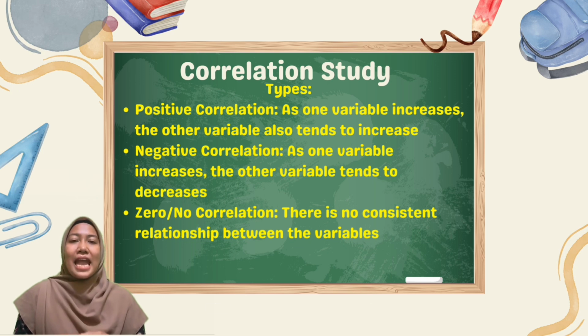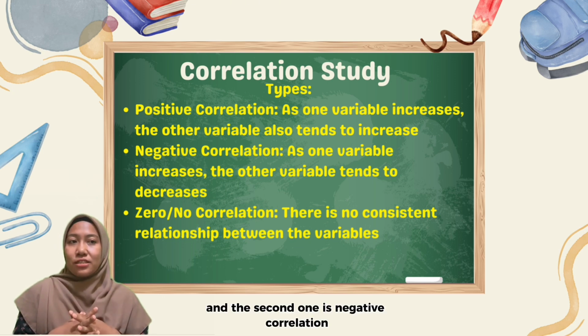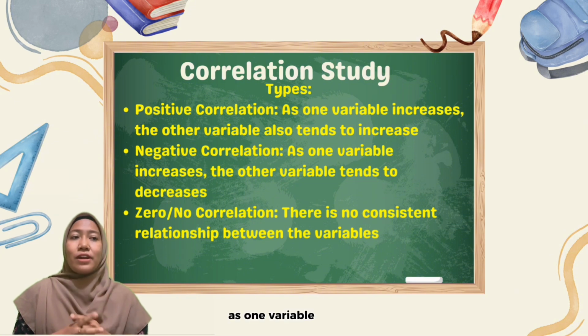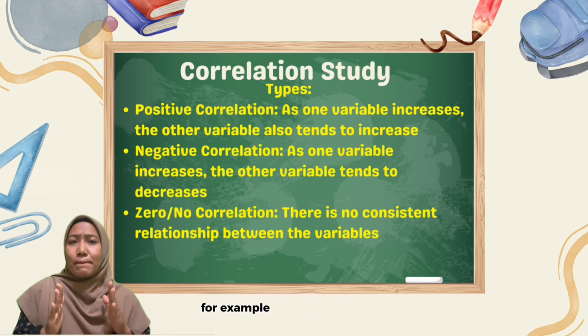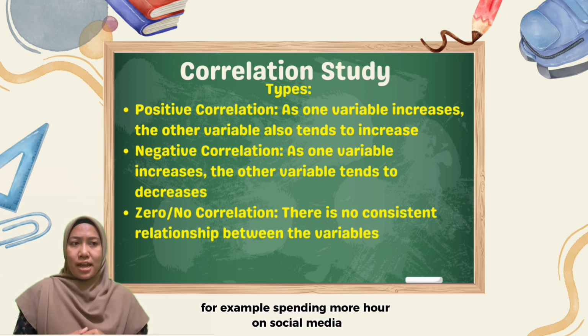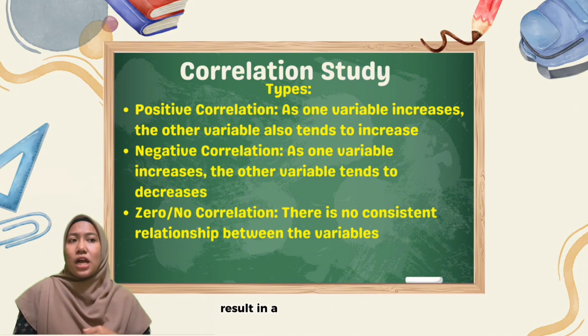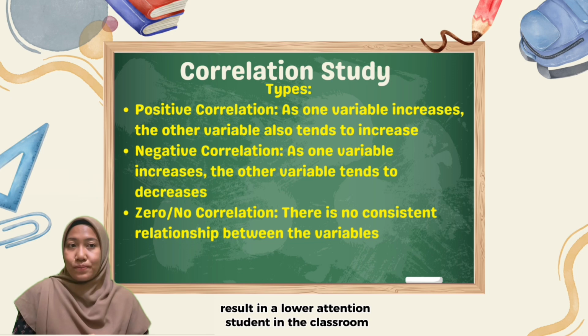And the second one is negative correlation. As one variable increases, the other variable tends to decrease. For example, spending more hours on social media results in lower attention of students in the classroom.